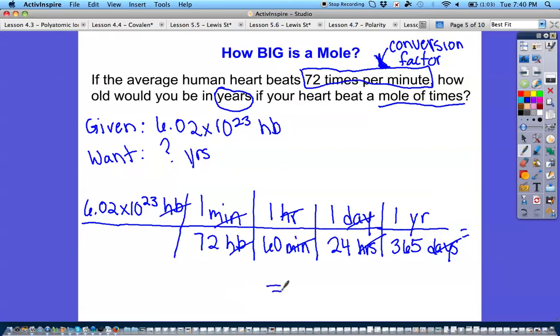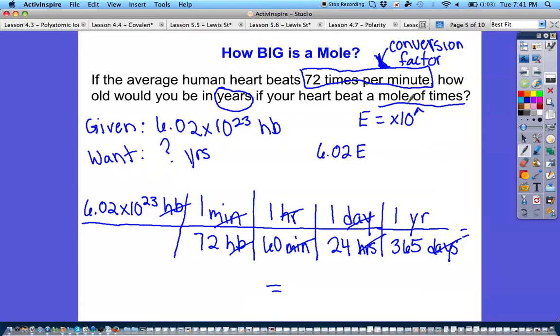So you're going to multiply 6.02 times 10 to the 23rd times 1. In your calculator, you put in 6.02, and on most calculators you press the second key, and then there should be a capital E. The E is your times 10 to the caret.